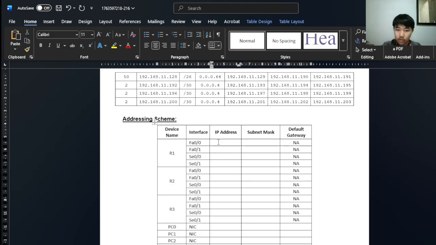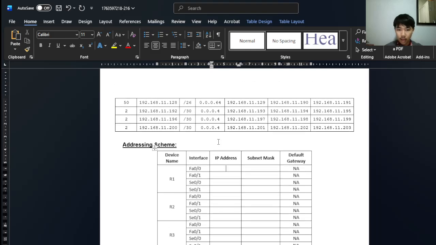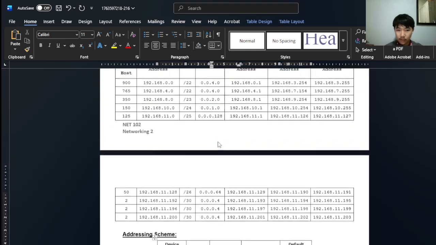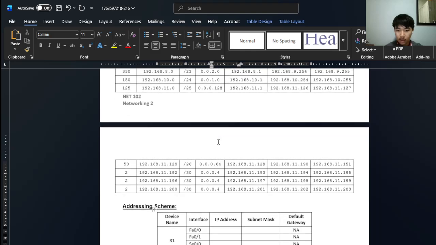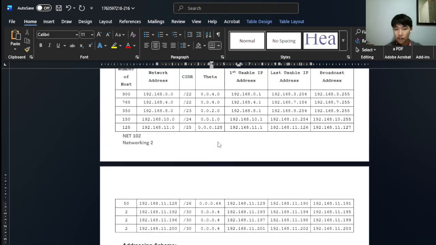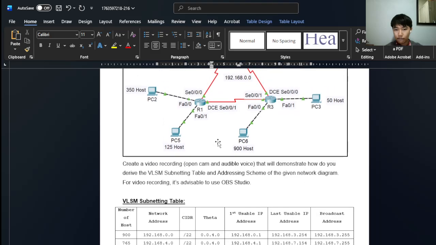So let's proceed to the FastEthernet 0 IP address. FastEthernet 0 is for 350 hosts.